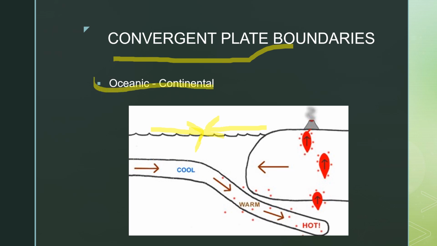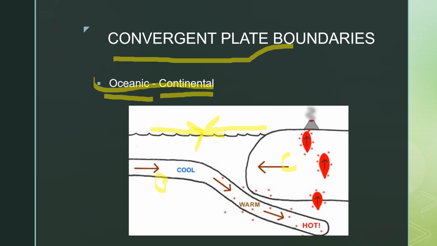What happens in Oceanic Continental is there is one plate that is oceanic in nature, and another plate that is continental. So here, this one is oceanic and this one is continental. The oceanic plate, as we already know from the previous video, is more dense and the continental plate is less dense in nature.